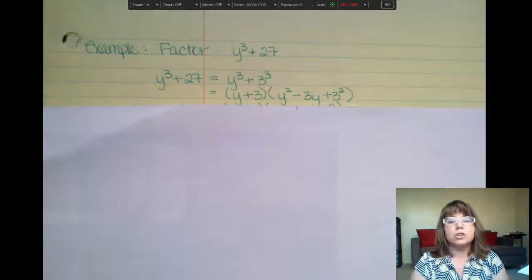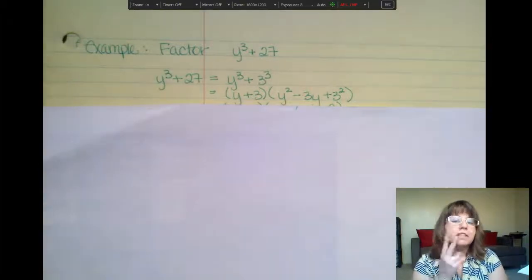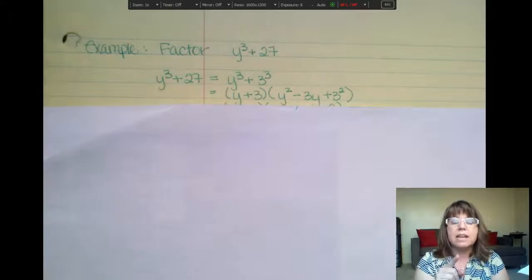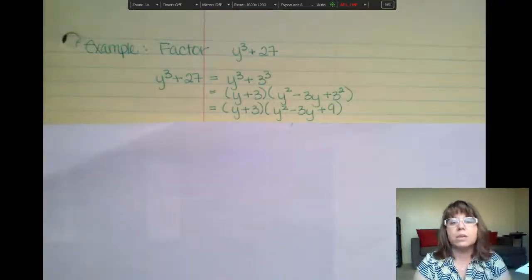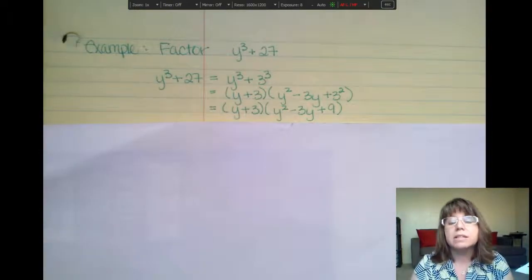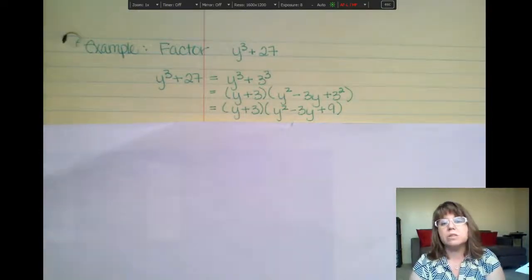And in the second term, I'm going to take the first value, y, and square it. Then I multiply two of them together, so y times 3, but my sign is negative. And my last term, I'm going to square my 3. So ultimately, my final solution is going to be the quantity y plus 3 times y squared minus 3y plus 9.